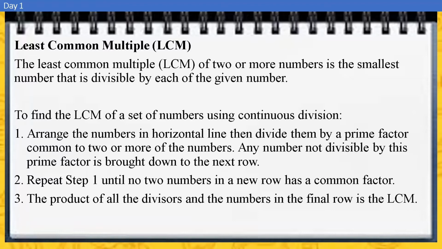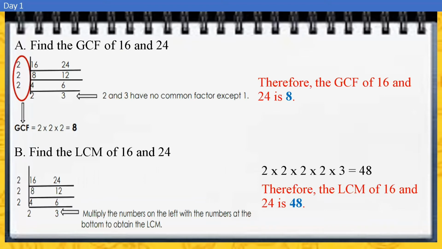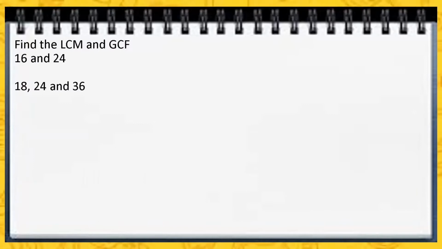Ayan. So, para mas lalo nating maintindihan yung GCF natin and also LCM, let's have an example. For our example, we are going to find the GCF and also the LCM of 16 and 24. The first step is to write horizontally yung ating numbers.